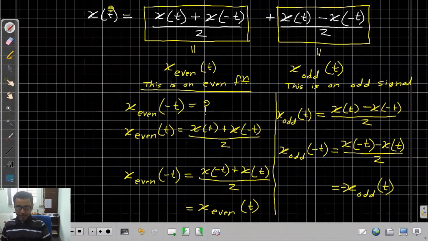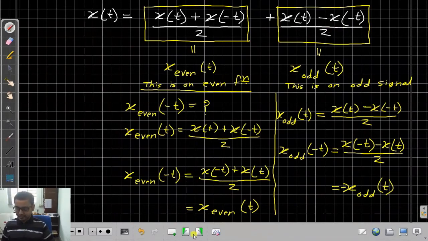Okay, therefore any signal, given any signal, odd or even or anything, can always be broken into odd and even as a sum of an even part, even component, and an odd component. This is a very useful trick, useful theorem, useful result that you must remember.